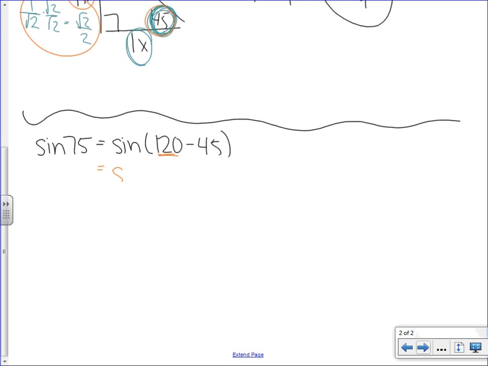Alright, so this is really going to be sine, cosine, cosine, sine. Sine, cosine, cosine, sine. Remember, the minus stays a minus.